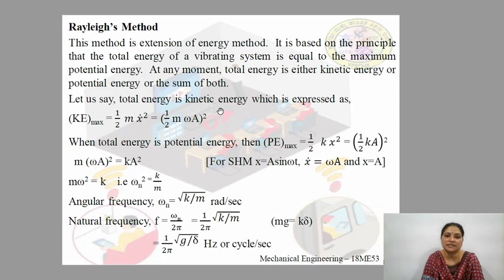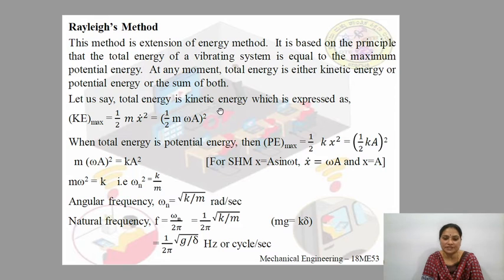Now, if we consider the same spring mass system, when the mass is pulled to the maximum position in the downward direction, then the kinetic energy is maximum. And when the mass is left and the mass moves up, the potential energy is maximum. So, based on this principle, we can calculate the kinetic energy and potential energy.